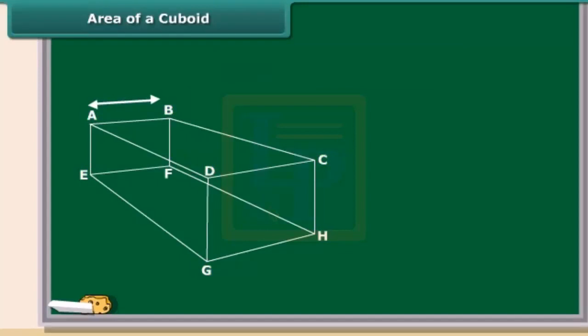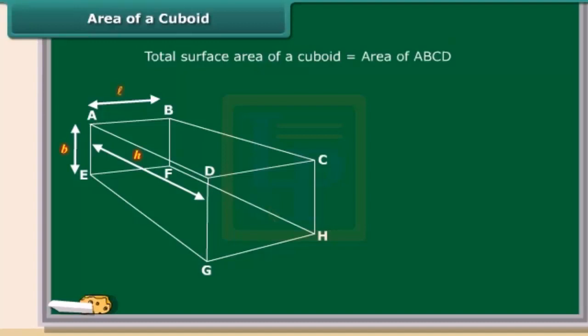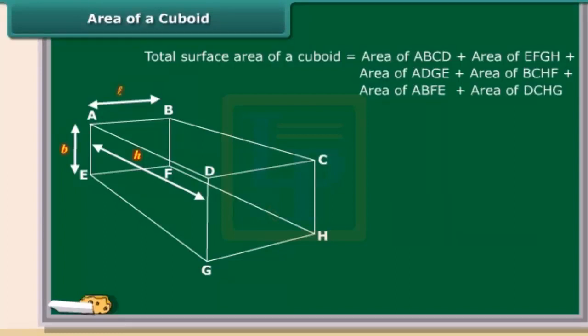Let AB be L, AE be B and AD be H. Then the total surface area of the cuboid is equal to the sum of the areas of 6 faces ABCD, EFGH, ADGE, BCHF, ABFE and DCHG, which is LH plus LH plus BH plus BH plus LB plus LB.